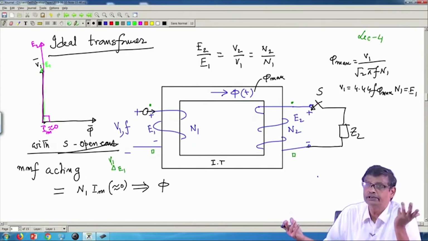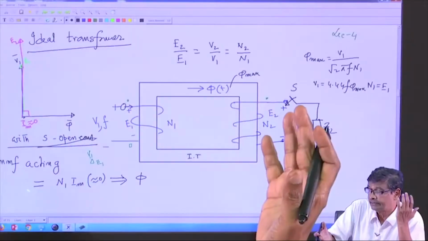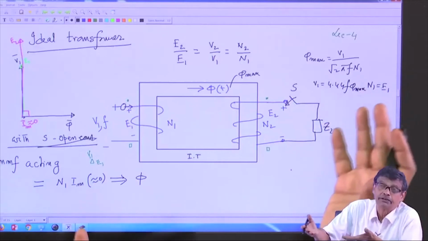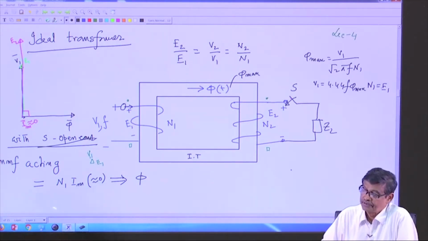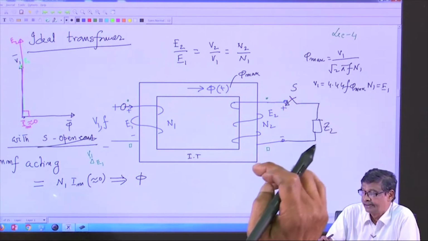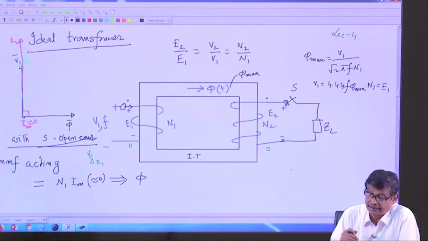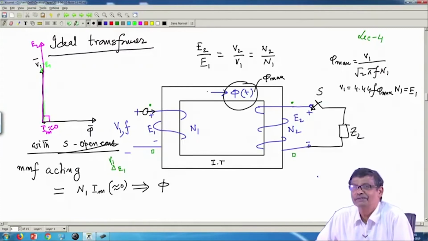Therefore, phi max cannot change, no matter whether you have connected something on the secondary coil or not. In other words, even if you have connected some load on the secondary side, so that secondary coil is carrying current, this flux cannot change. What it was, it will remain.